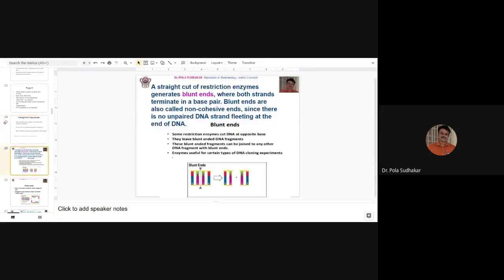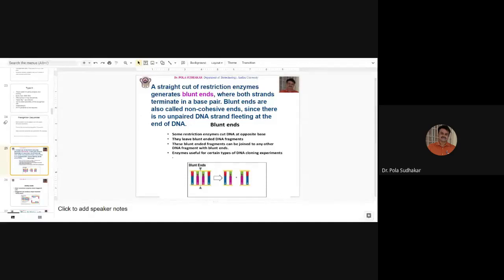For these restriction enzymes, you need to define two terms: blunt ends and sticky ends. A straight cut by restriction enzymes generates blunt ends, where both strands terminate in a base pair.